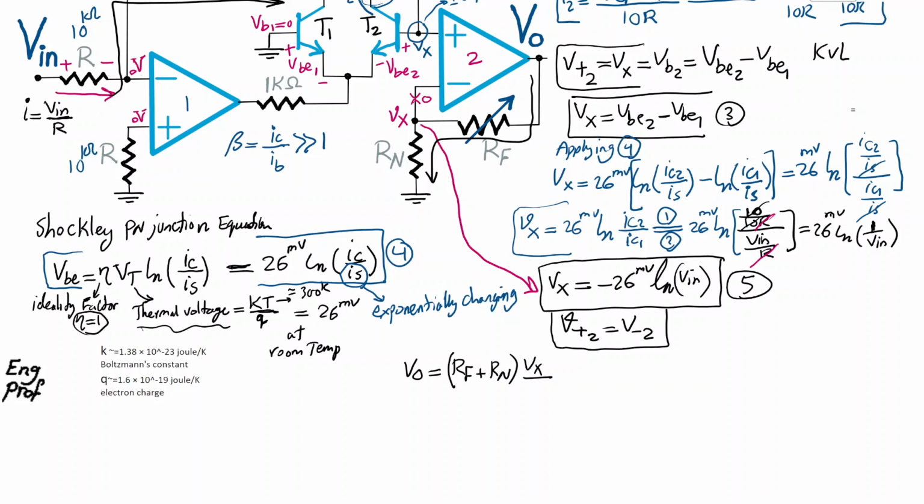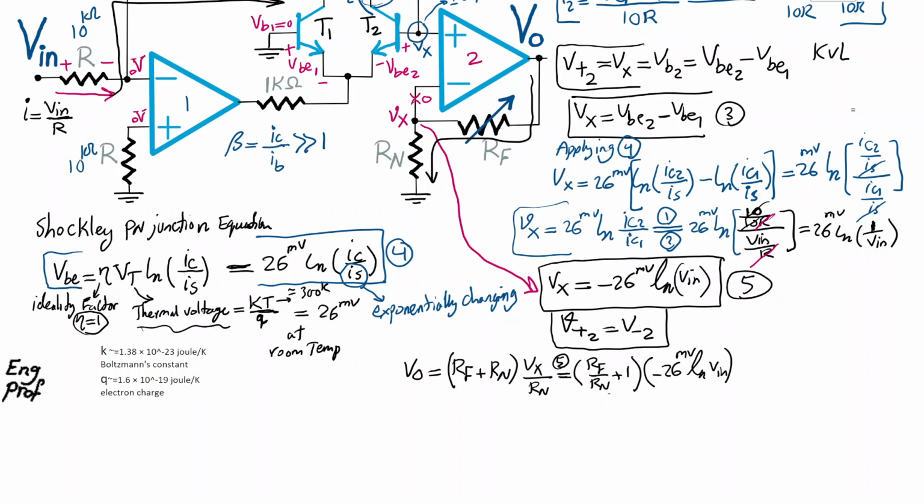So Vx divided by Rn, which we can write in the form of Rf over Rn plus 1 times, and then for Vx I'm going to substitute from equation 5, so this equation, and I'm going to just write minus 26 millivolt natural logarithm ln of Vn.